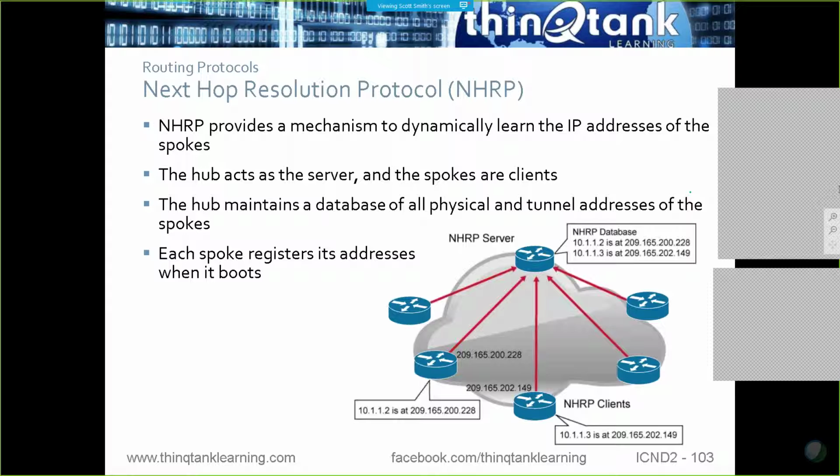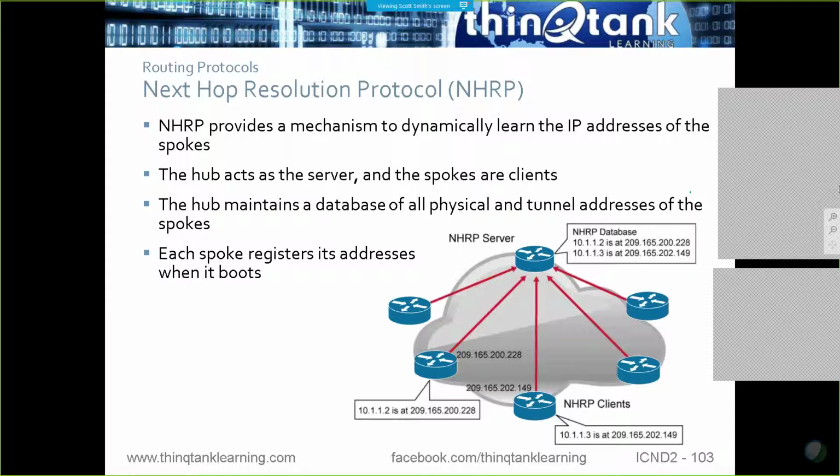IP address. It's the actual IP address of the router interface that connects to the internet. A tunnel interface is a virtual address. It actually gets tied to an interface called a tunnel interface. So there's a pairing that says, okay, if you want to get to this tunnel interface, then you need to go to this physical address.